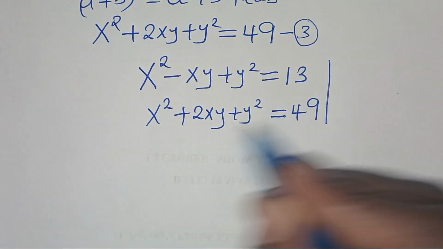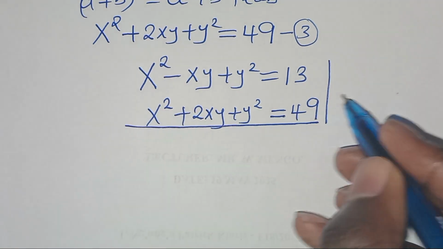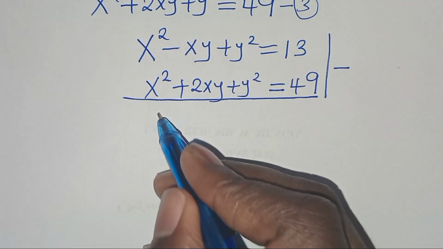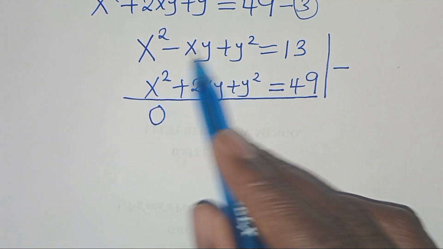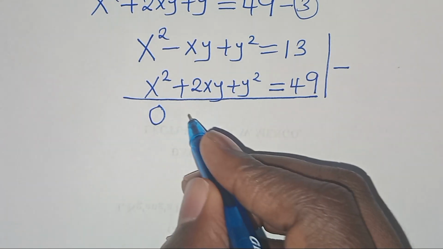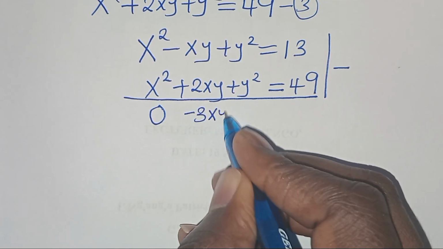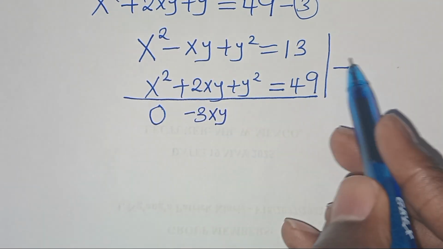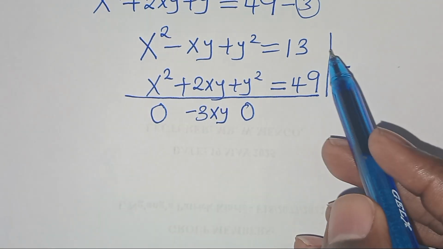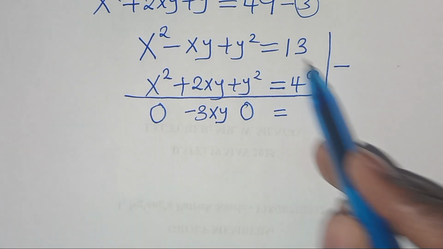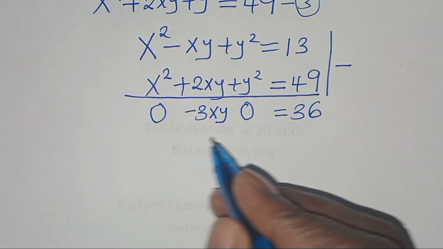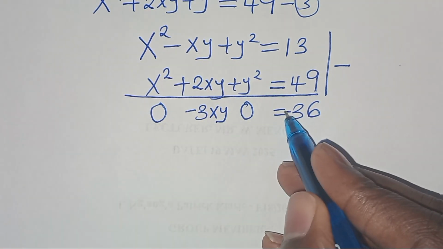So let's subtract these two equations. So x squared minus x squared is 0. Then minus xy minus plus 2xy is minus 3xy. Then y squared minus y squared is equal to 0. And then we have that 13 minus 49 is equal to minus 36.